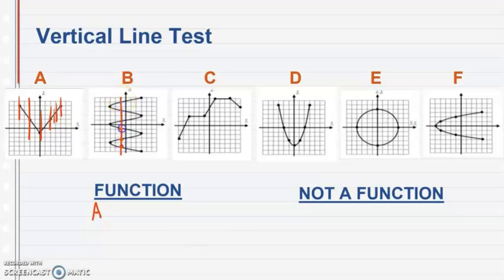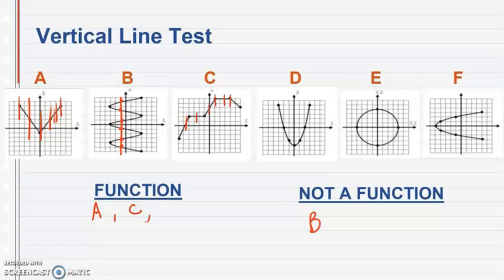I have 1, 2, 3, 4, 5, 6 places where those points are all lined up vertically with each other. That is not okay. That means there's multiple outputs for that input. Letter C, any place I draw a vertical line, that's the only point that shows up. So letter C is also a function.